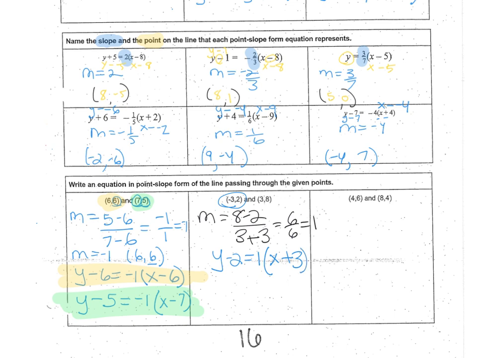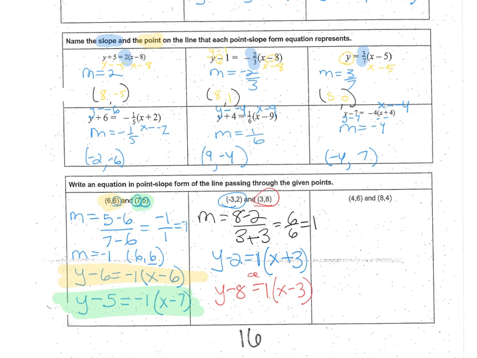You could have the 1 there, or you could not have the 1 there. It's implied to be there. If you use this point, we would have y minus 8 is equal to 1 times x minus 3. So those are your 2 possible answers there.